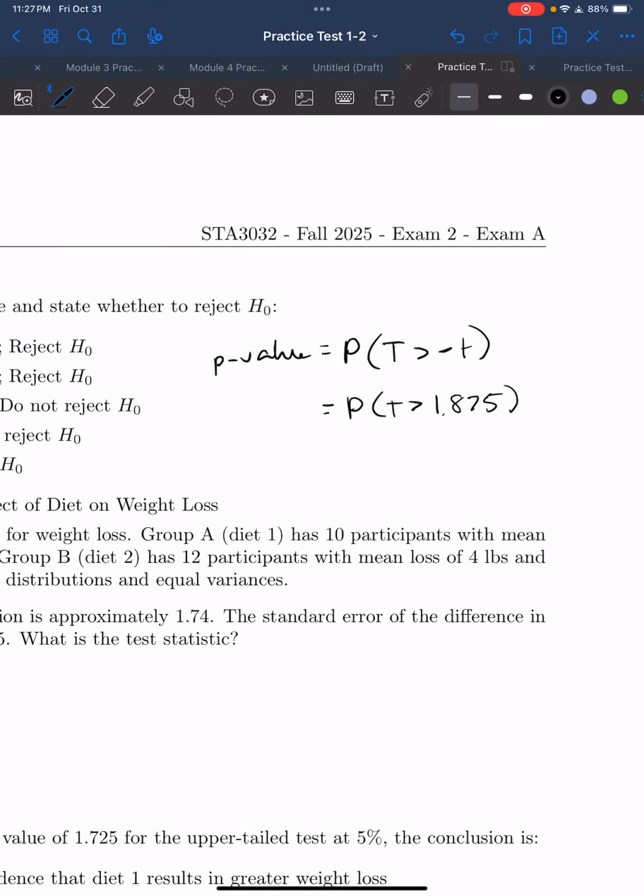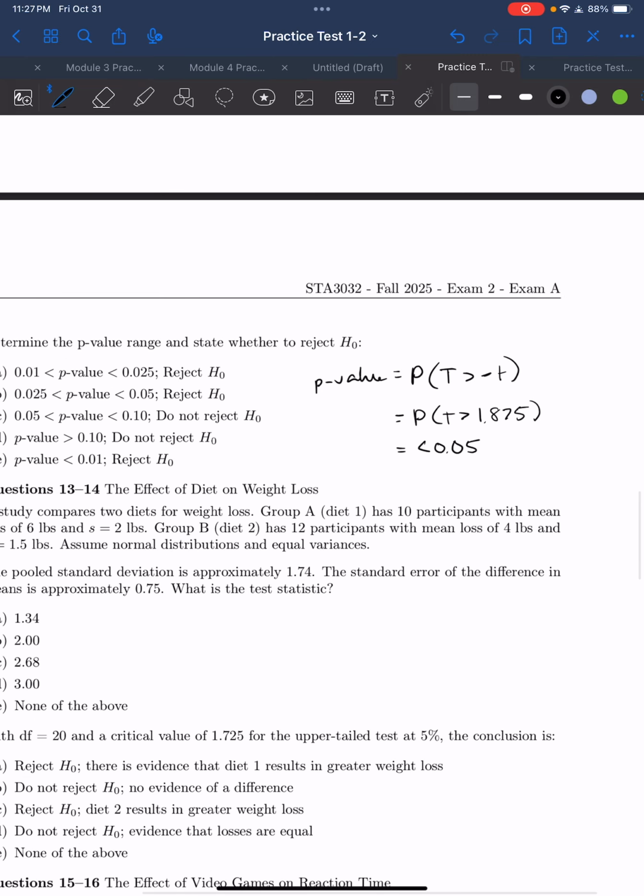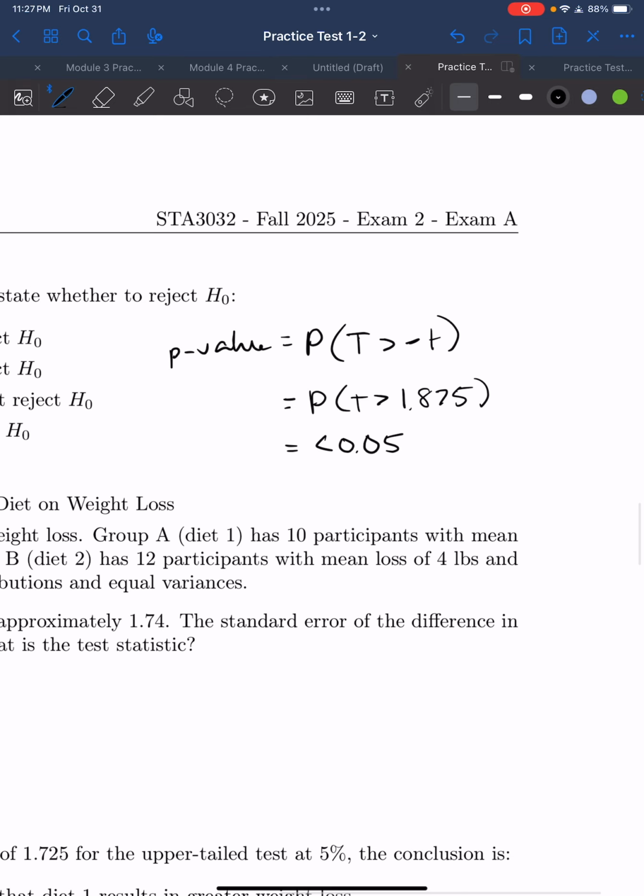So we can say that it is less than 0.05, between those values. Since we're using a significance value of 0.05, and it's less than that, we reject our null hypothesis.